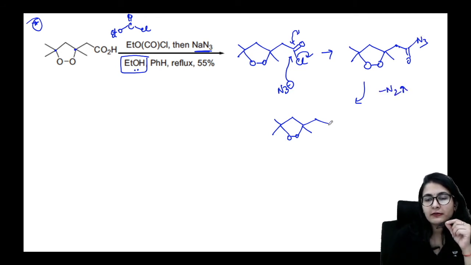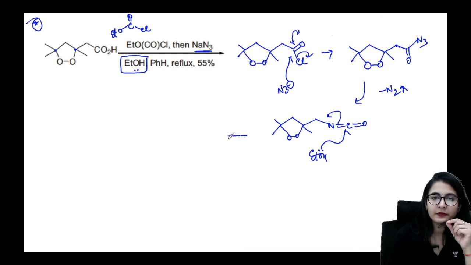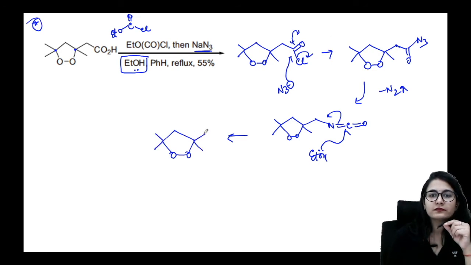Okay, so I am just directly going to write that there is my nitrogen, double bond C, double bond O. Okay, and then the ethanol is going to attack. It will attack over here. The bond opens up. This is your product, let's say.